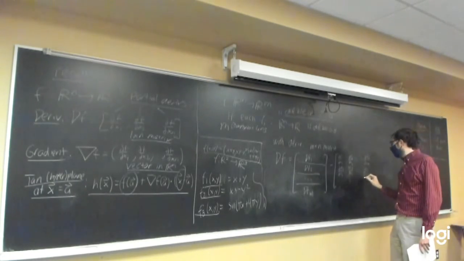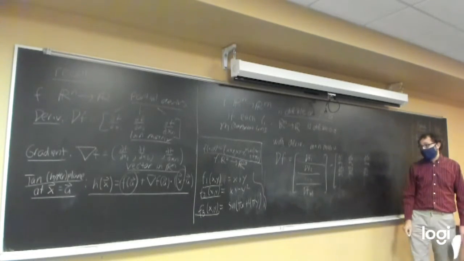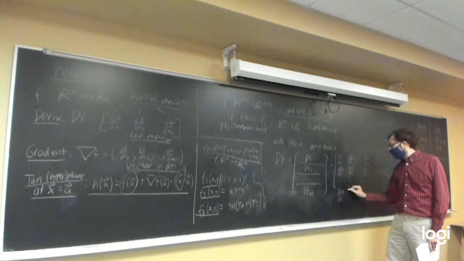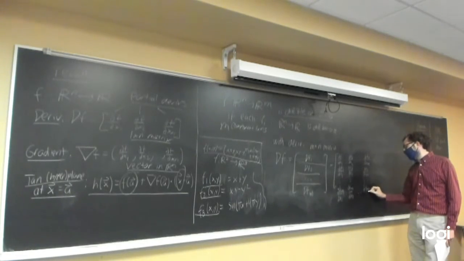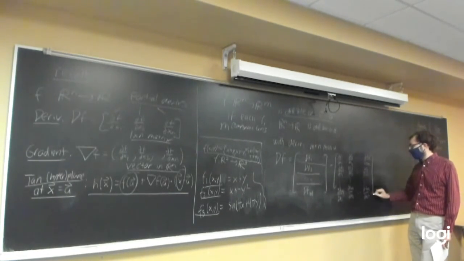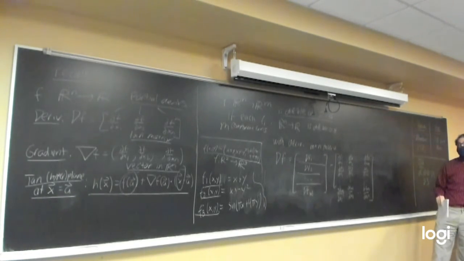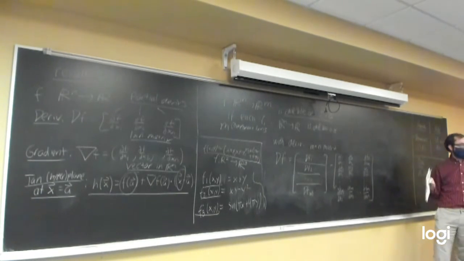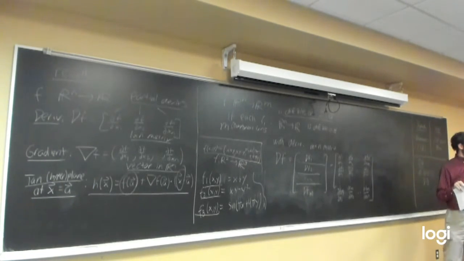Then in each row, you just keep writing the partial derivatives of a single component function. And then the last row will be del fm del x1, del fm del x2, all the way over to del fm del xn. And so, for a function from Rn to Rm, we end up with an m by n matrix whose components are just all of the different partial derivatives of all of the component functions of your original function.